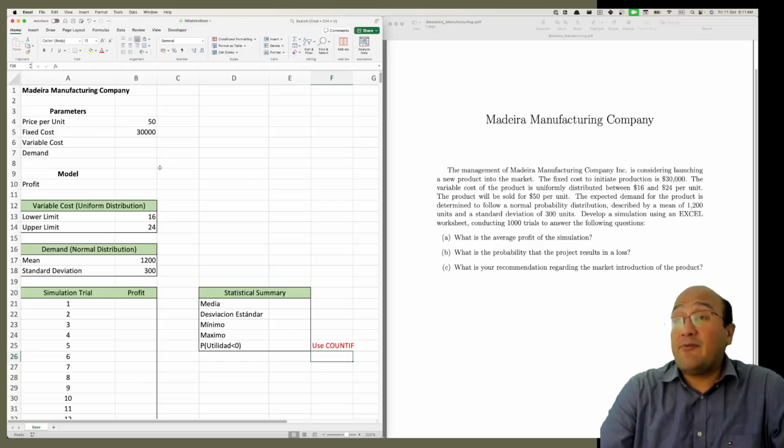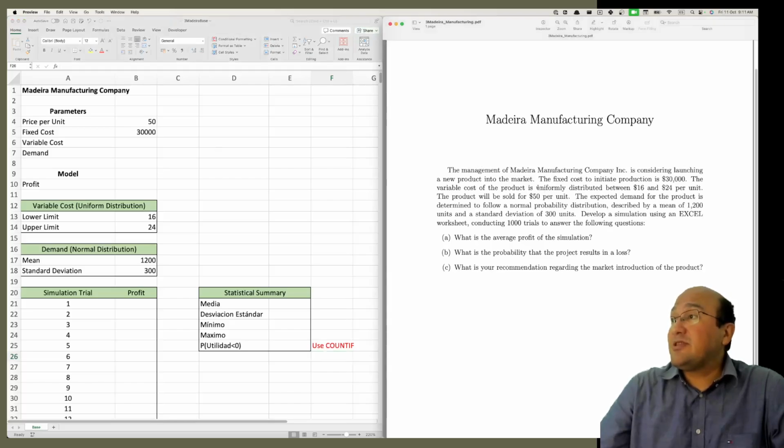But we know that the variable cost, this random variable, follows a uniform distribution and varies between 16 and 24. On the other hand, the demand also is a random variable that follows, this time, a normal distribution with mean 1,200 and standard deviation 300.